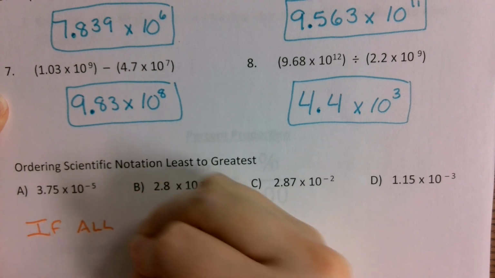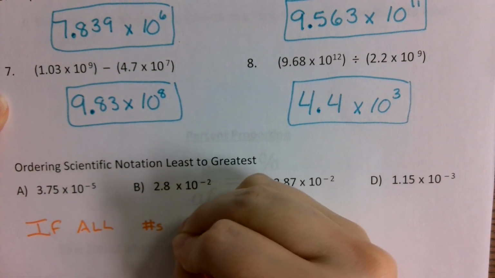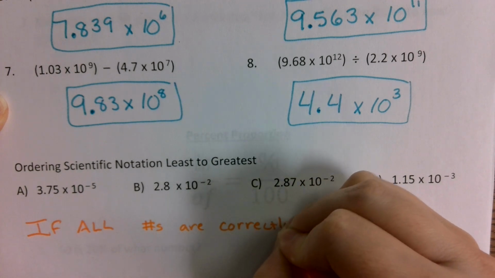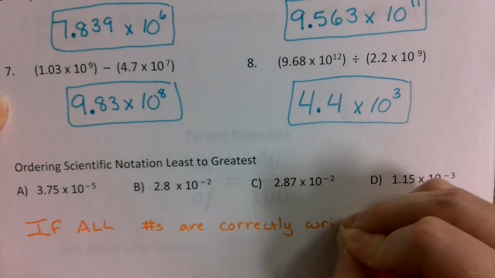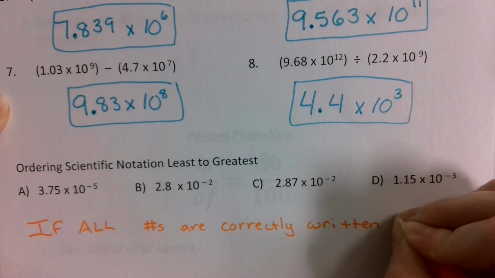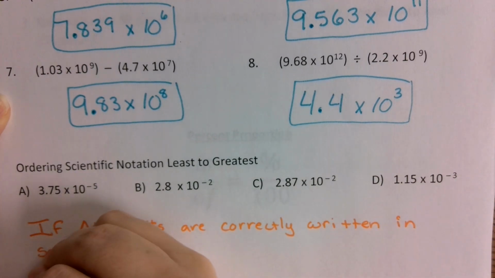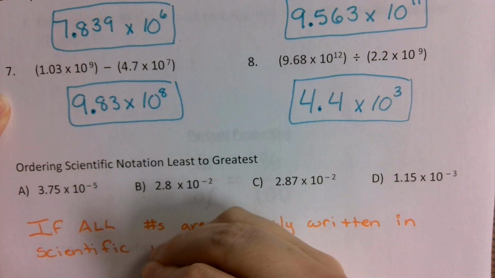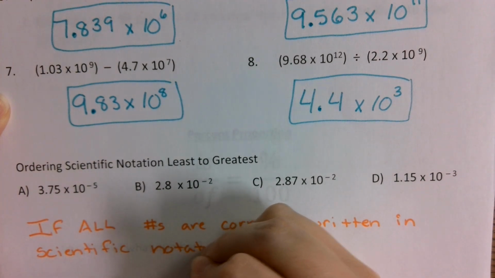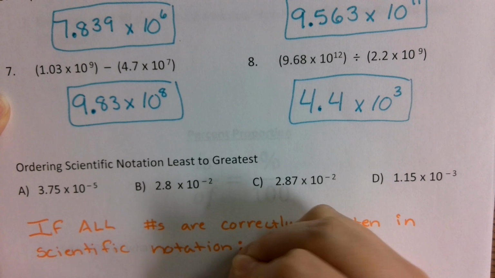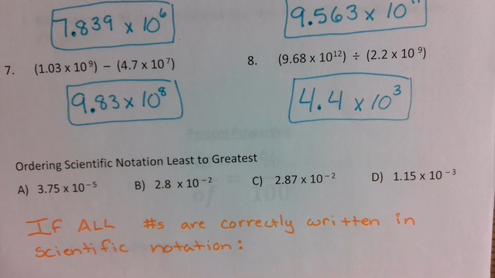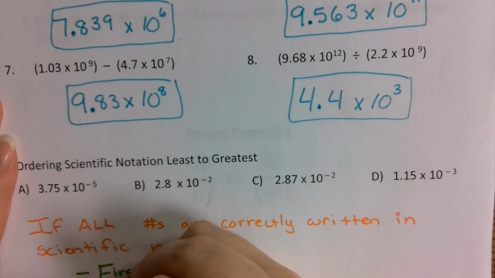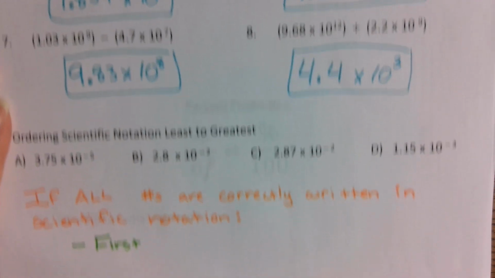If all the numbers are correctly written in scientific notation, then the first thing that you're going to do is rank them by the exponent.